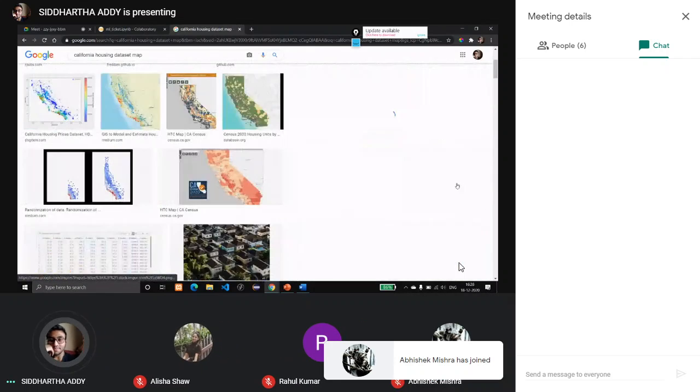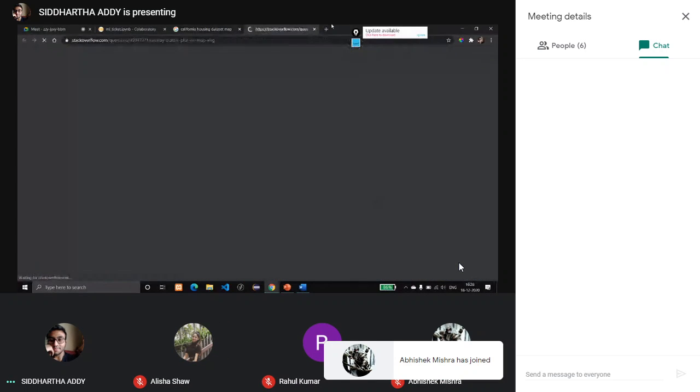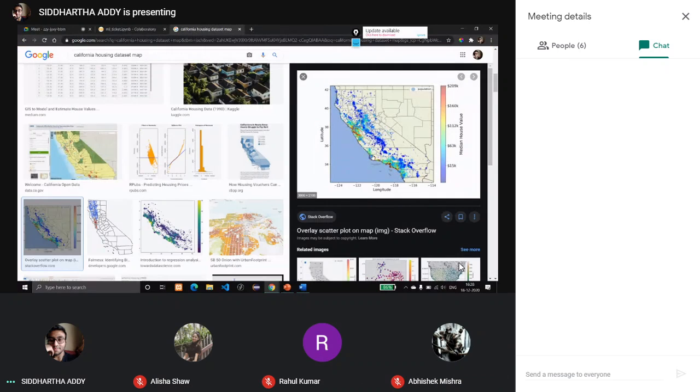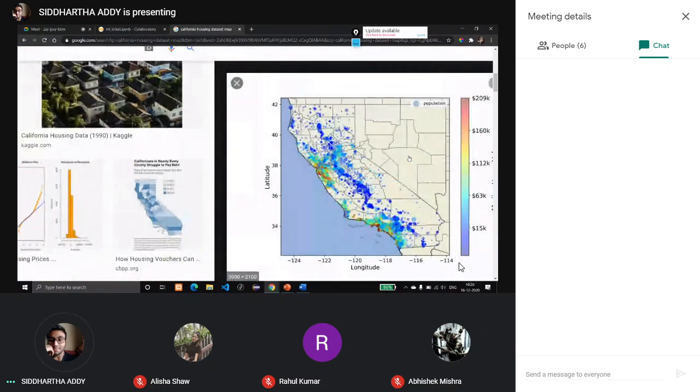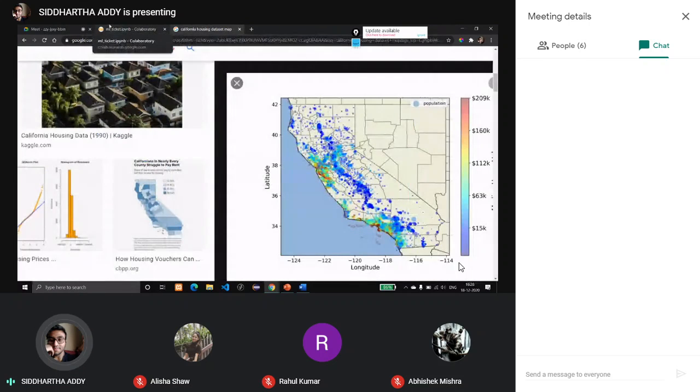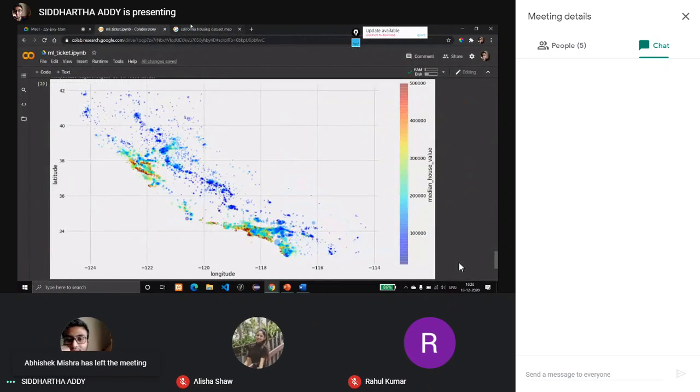Yeah, this one. Look at it. It's a map of California. Okay, so these are the data. This is the actual map of California. And now, if you look at it, this has a great resemblance with this. So it is actually the map of California only.